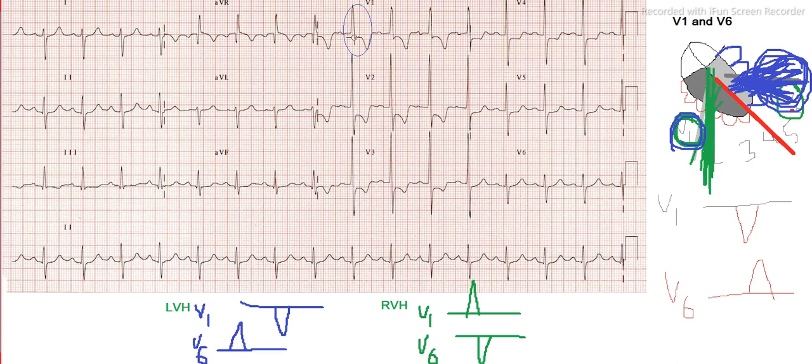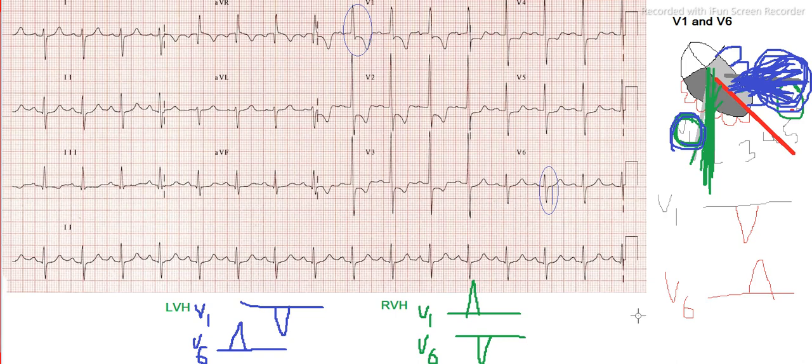So the V1 R magnitude is greater, and now you compare with V6. In V6 the negative deflection is slightly greater than the positive deflection. So you can say that this is a case of right ventricular hypertrophy.